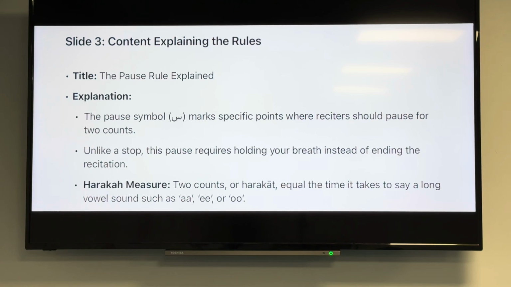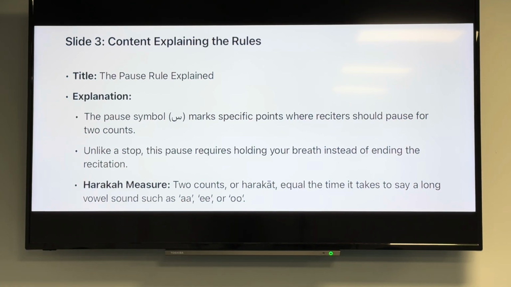What did I do at the end? I let the breath go. Take a fresh breath, start again. But in the case of this pause symbol, we do not let the breath go, but we still stop. What do we do? We hold on to the breath.